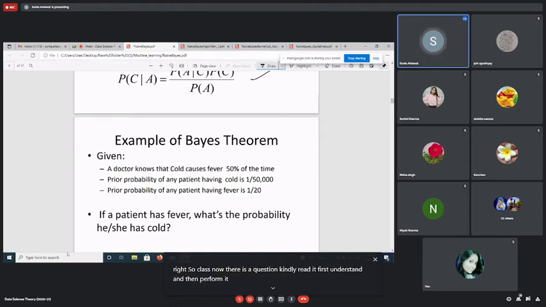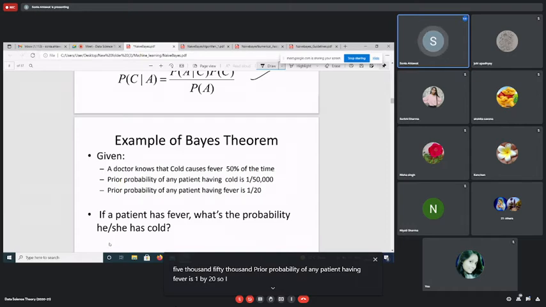It says, a doctor knows that cold causes fever 50% of the time. Prior probability of any patient having cold is 1 by 50,000. Prior probability of any patient having fever is 1 by 20.